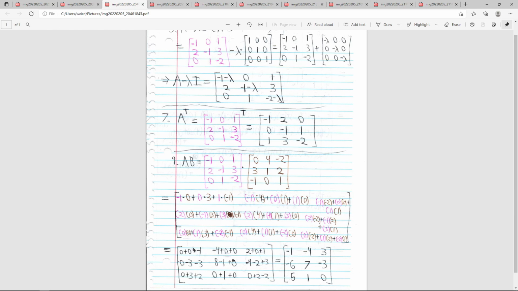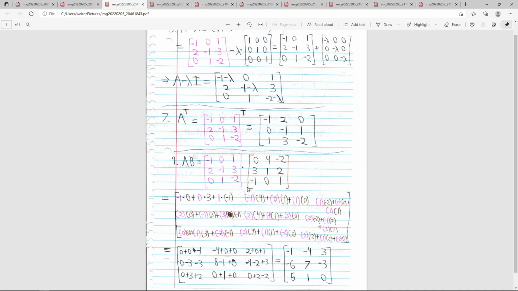Then you do it for negative 1 times 4 plus 0 times 1 plus 1 times 0, and so on. Then on the second row you get 2 times 0 plus negative 1 times 3 plus 3 times negative 1. Then you repeat again across that row, and you do this until you finish.